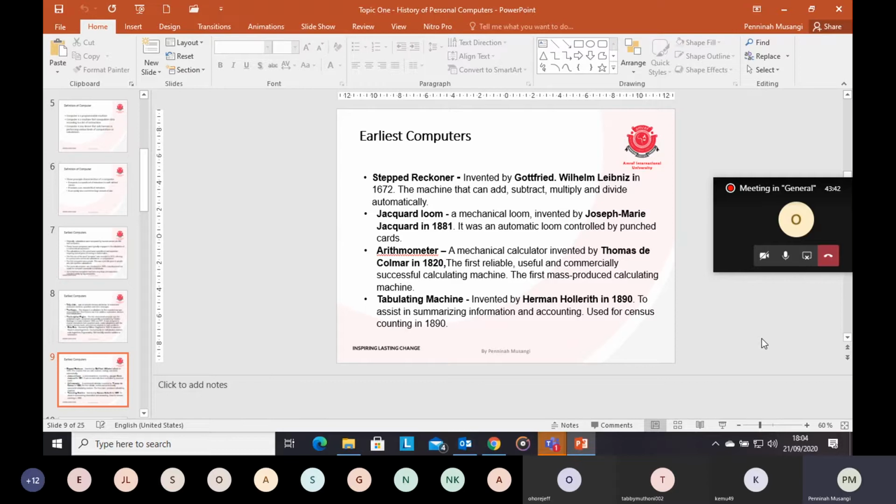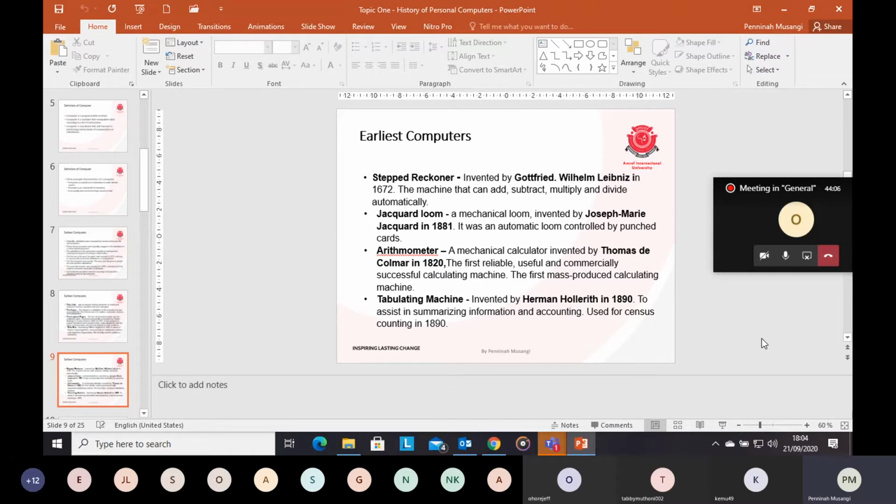We had also another form of early computer called the Jacquard loom. This was a mechanical loom which was invented by Jose Maria Jacquard, and he named it after himself in the year 1881. It was an automatic loom controlled by punched cards. The punched cards also contained the instructions.